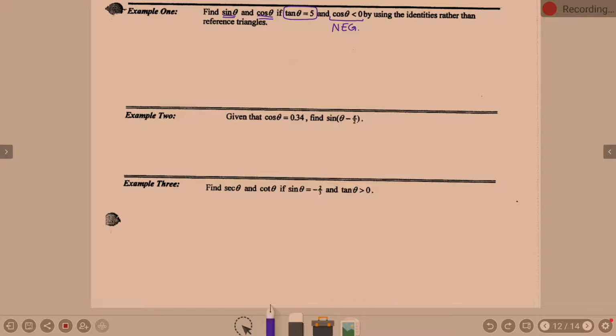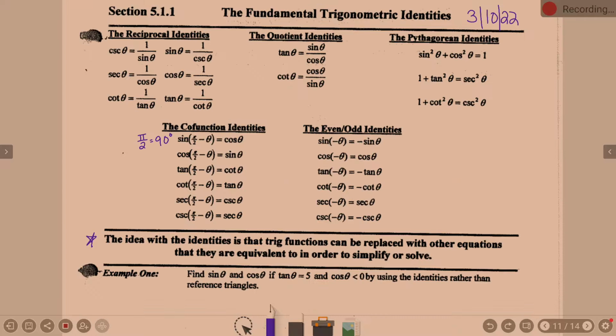We know tangent. We want to find sine and cosine. We're going to have to do this one at a time. Thoughts on an identity from up above that might connect tangent to either sine, cosine, or something that relates to sine or cosine?